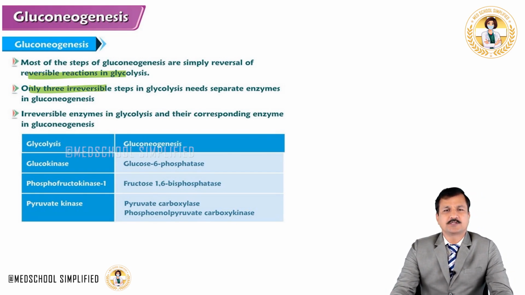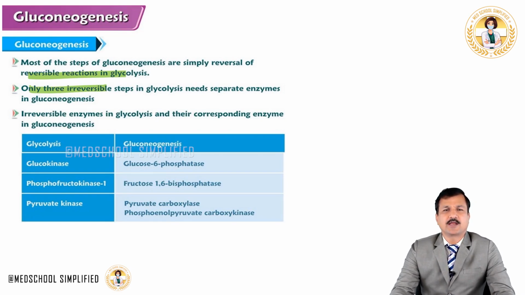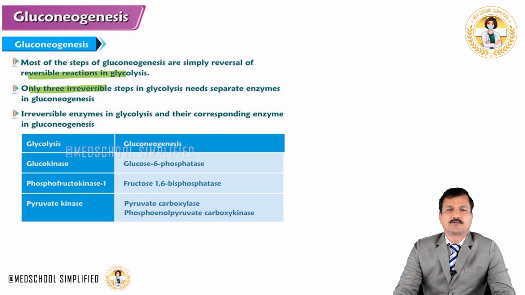The cell cannot use the same enzyme, because the enzymes which catalyze irreversible reactions in glycolysis cannot work in the opposite way; they cannot take a product as a substrate and reverse it. So those irreversible reactions in glycolysis need a separate enzyme in gluconeogenesis.